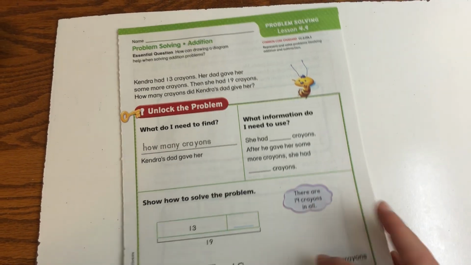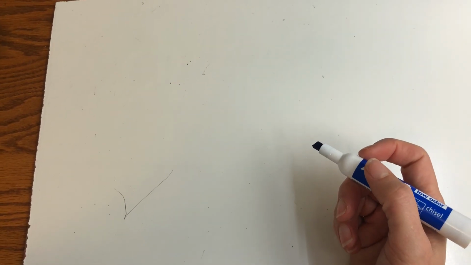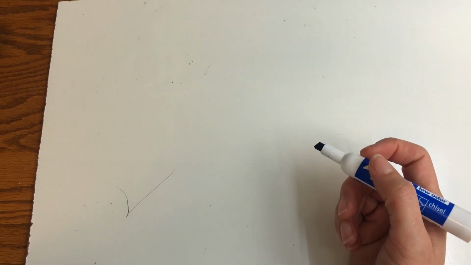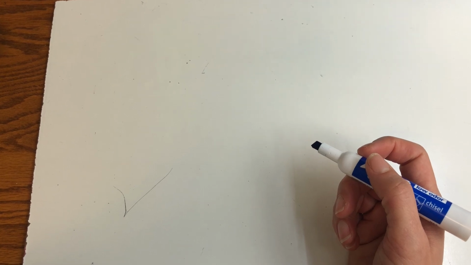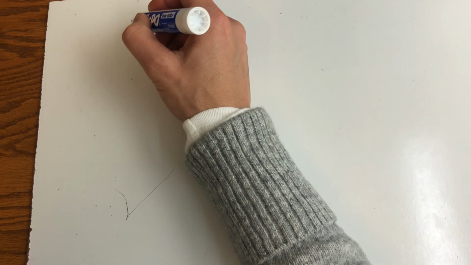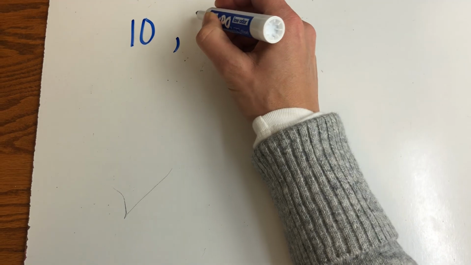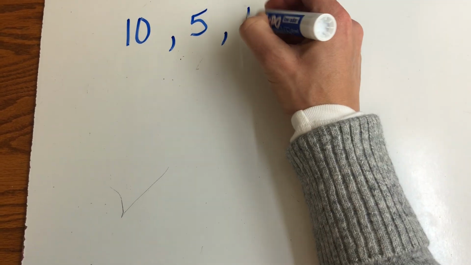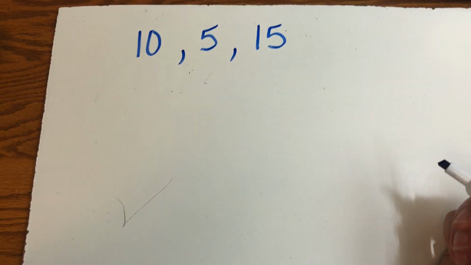All right, let's put our lesson off to the side for a moment. Let's get ourselves warmed up today by doing a little adding and subtracting. I'm going to give you 3 numbers, and I want you to make them into a fact family. The numbers are 10, 5, and 15.